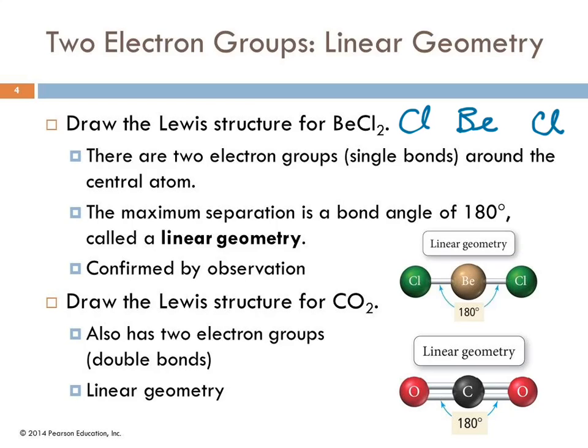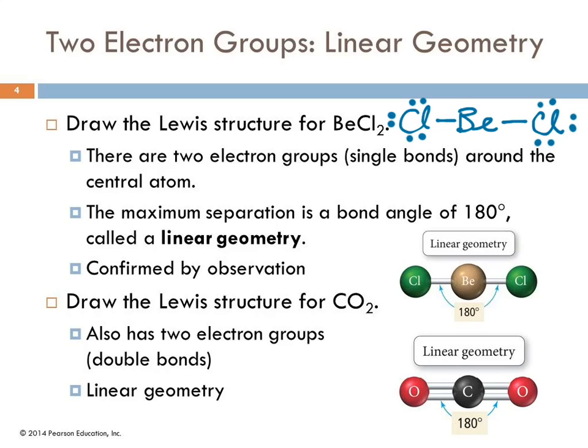And how many valence electrons do we have to mess around with? 16? Yeah. So we'll make a bond here that's 2, 4, 6, 8, 10, 12, 14, 16. We ran out of electrons.